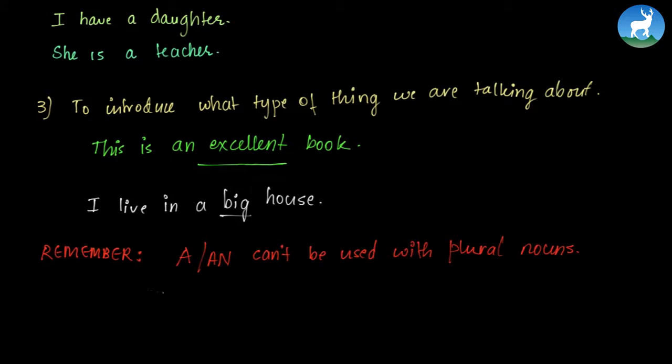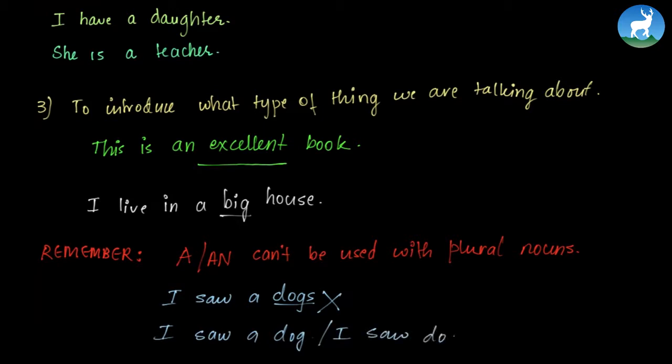For example, we can never say, I saw a dogs, because dogs is a plural noun and we cannot use a in the sentence. Instead, we can say, I saw a dog. Or you can say, I saw dogs. Don't use any articles.